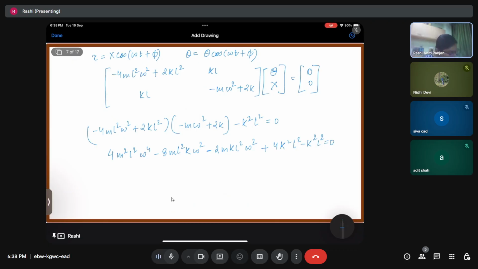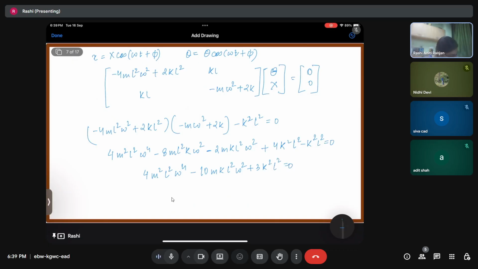This is going to give us 4m²L²ω⁴ minus 10mkL²ω² plus 3k²L² is equal to 0. We can take L² common and remove it.